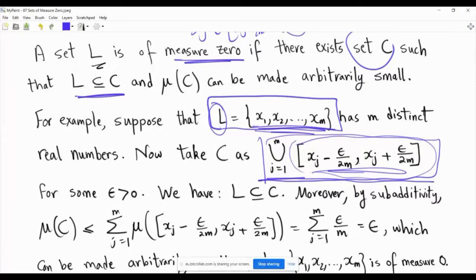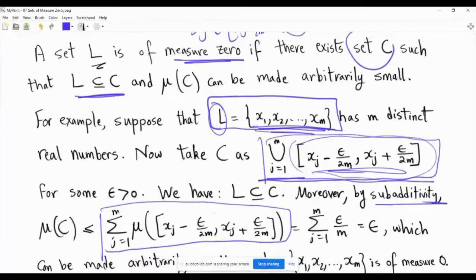But we do not need to worry about this, because rather than measuring the length of C, we can just upper bound it using subadditivity, which tells you the measure of the union is less than or equal to the sum of the measures. This summation is the measure of C if the intervals are disjoint. If they are not disjoint, then it is an upper bound on the measure of C.